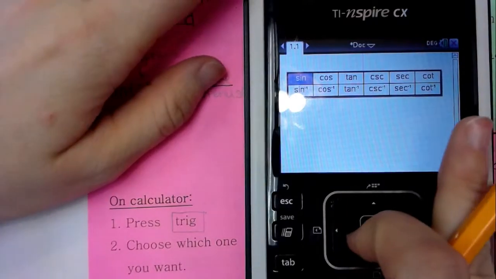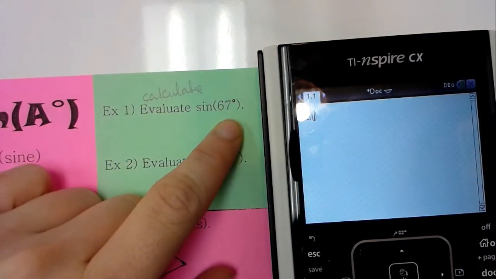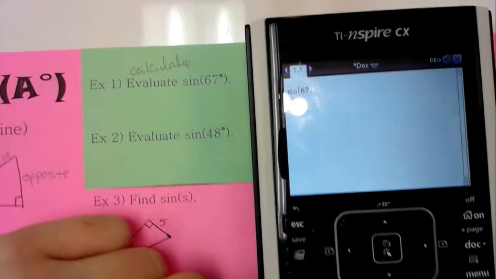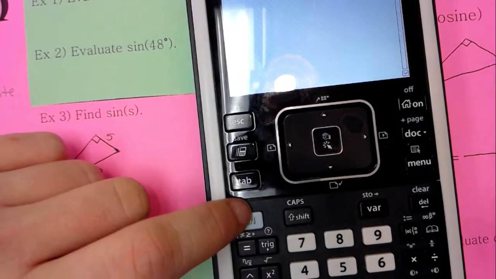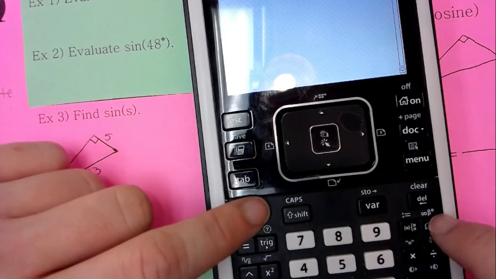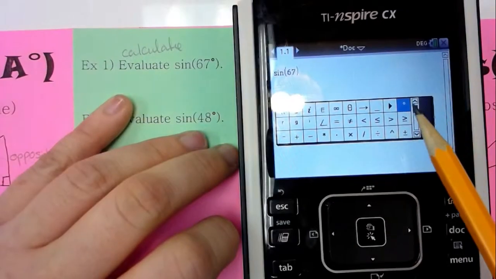So we are looking for sine. So choose sine. Put 67. And then the degree sign, especially if you hadn't changed the mode on your calculator like I suggested at the beginning, is going to be Control Book. And there's your degree sign.